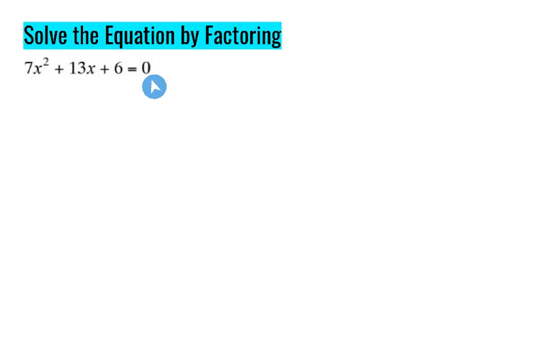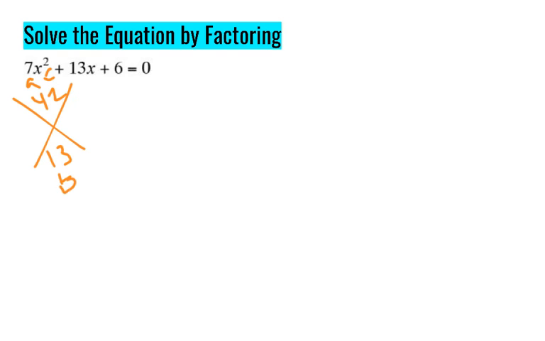And I don't see anything that can be factored out. So I'm going to jump right into making our little x and factoring this, right? So if I have my x, A times C goes on top, right? So 7 times 6 is 42, and I have 13 on the bottom, my B, right?